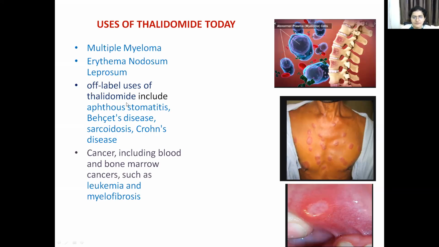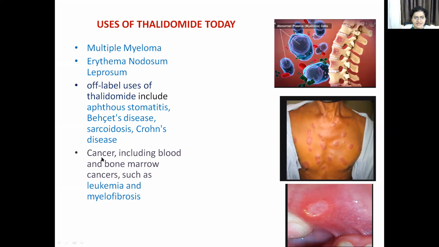And then off-label uses. Off-label uses means not yet prescribed in day-to-day practice, but found to be effective in some clinical trials. That is your aphthous ulcer, aphthous stomatitis, Behçet's disease, sarcoidosis, other dermatological diseases, and Crohn's disease.